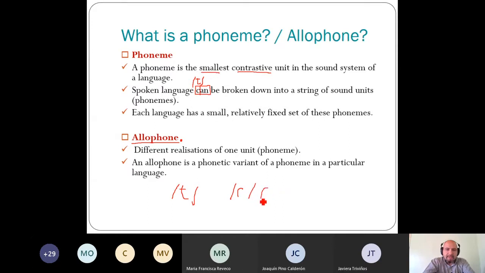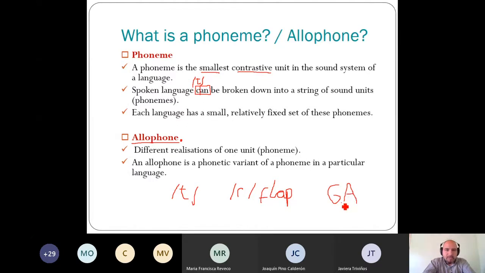A flap is what you can hear in rider, fighter, later. It's quite common for general American English, or the dialect spoken in some areas of the United States.